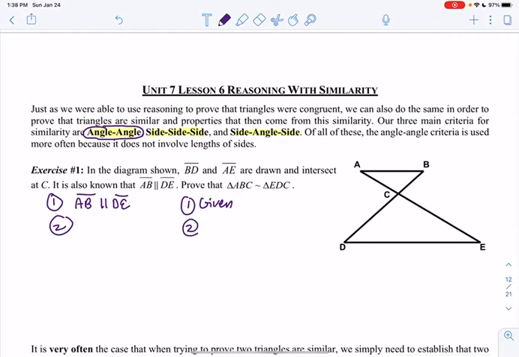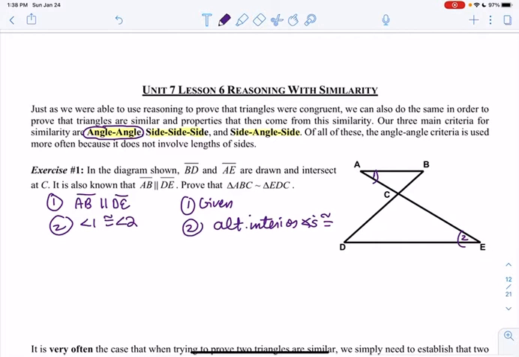So if those lines are parallel, then AE and BD become transversals. So angle 1 and angle 2 down here are alternate interior angles. Angle 1 is congruent to angle 2, and the reason is alternate interior angles are congruent. We know the lines are parallel, therefore those alternate interior angles are congruent.